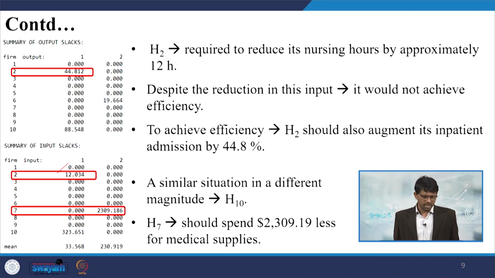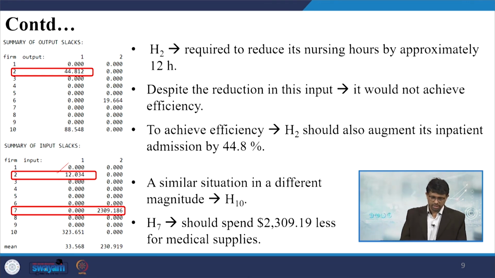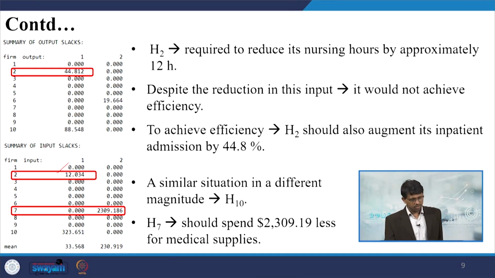A similar situation, with a different magnitude, is given for H10, and we can explain that as well. In the case of H7 you can see 0, meaning input reduction is not required.